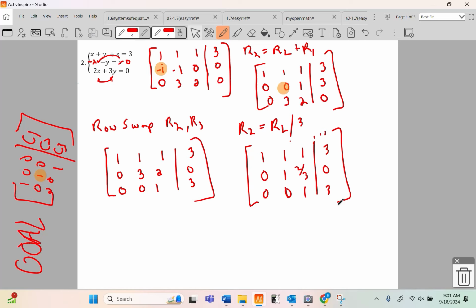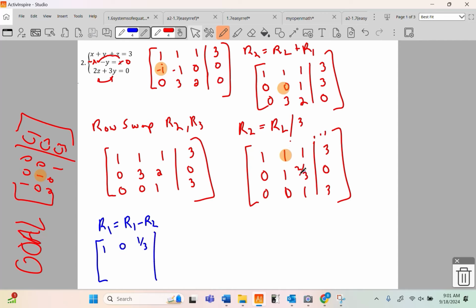All right. Next goal is going to be this one right here. So I'm going to take row 1, and I'm going to take away row 2 from it. 1 minus a 0 is a 1. 1 minus a 1 is a 0. 1 minus 2/3 is a third.